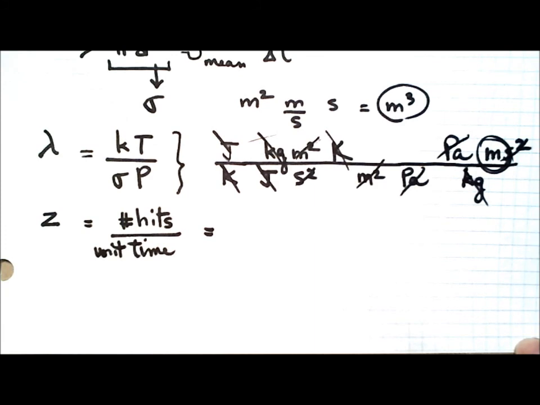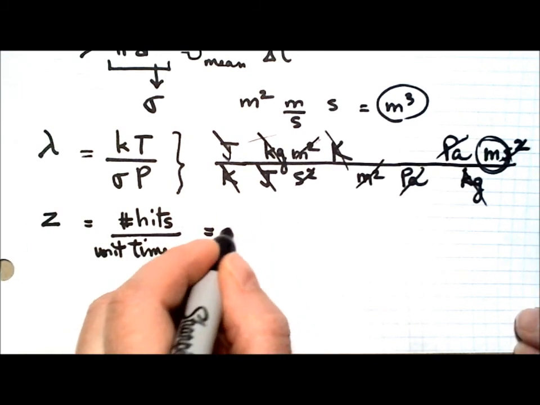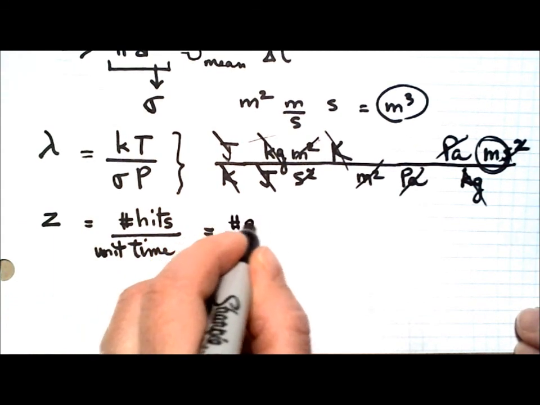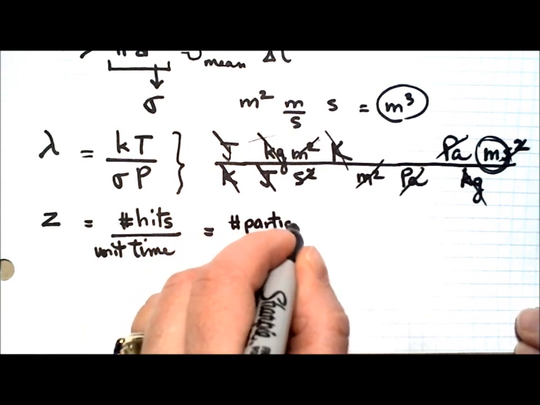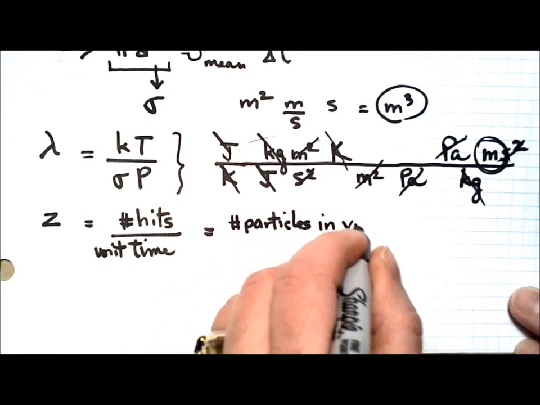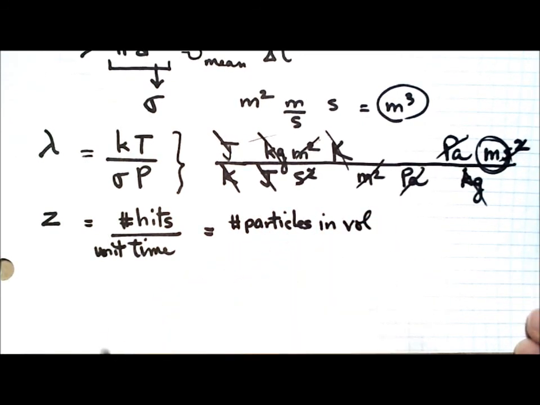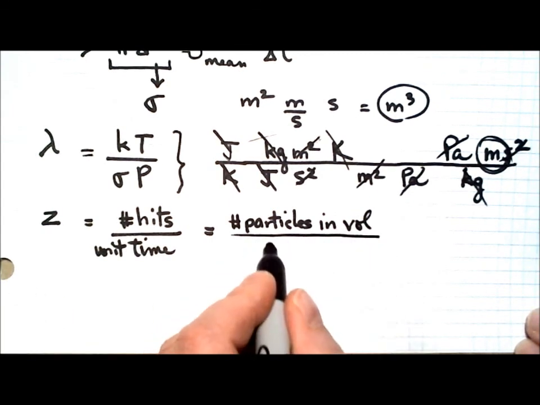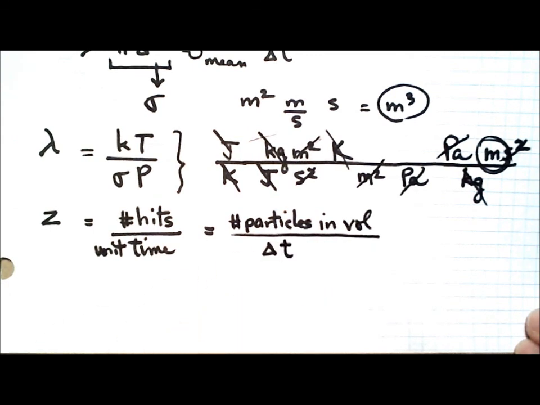Well, any particle that was in the tube was going to get hit. So actually the number of hits is really the number of particles in the collision tube, in that volume that we just calculated. And my unit of time, which I used before, is just a delta t. It's that snapshot, that time period, because this is just going on continuously.